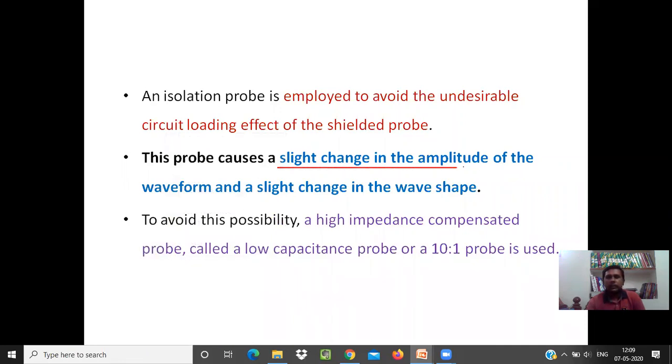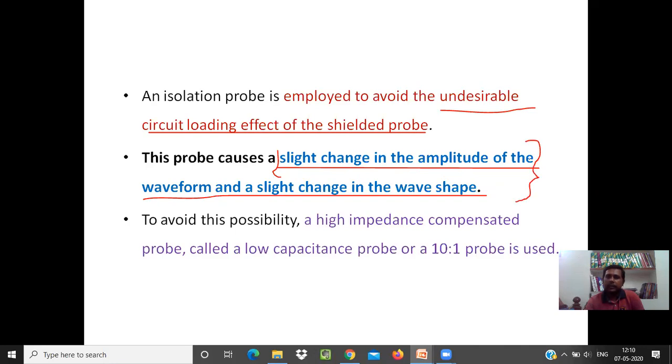There is a slight change in the amplitude of the waveform and a slight change in the wave shape. Because of using this isolation probe, it reduces the undesirable circuit loading effect which arises in the first type of probe, and it also causes some changes in the shape of the wave and amplitude, right? This is not expected in a real-time environment.